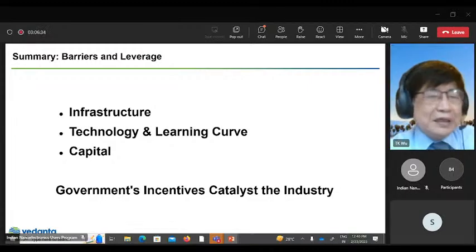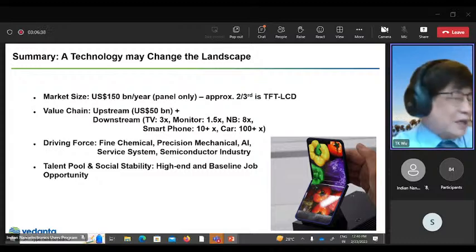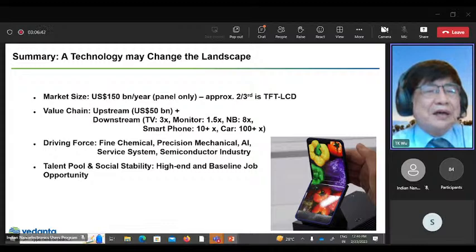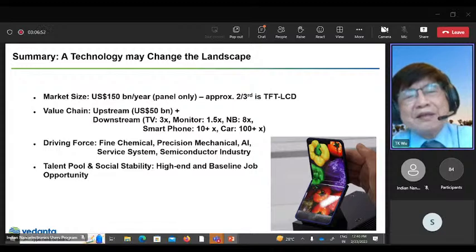Okay. Next one, please. This one is the last one. We just summarized. What kind of market size? It is 150 billion per year, panel only, approximately two-thirds TFT-LCD. The other one-third may be AMOLED.